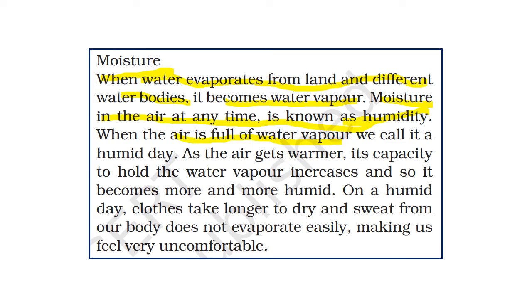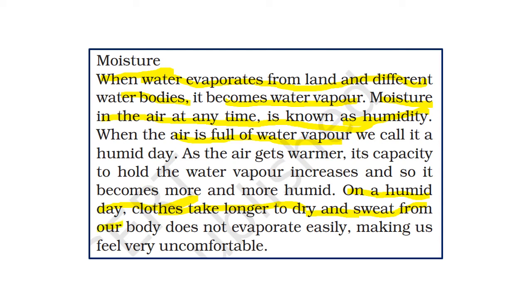So on a humid day, we face problems with clothes. Generally our clothes take a longer time to dry up. Why? Because on a humid day we sweat a lot.